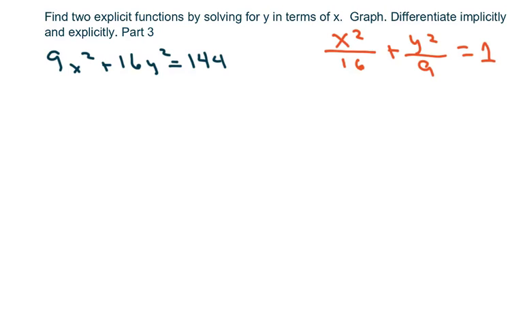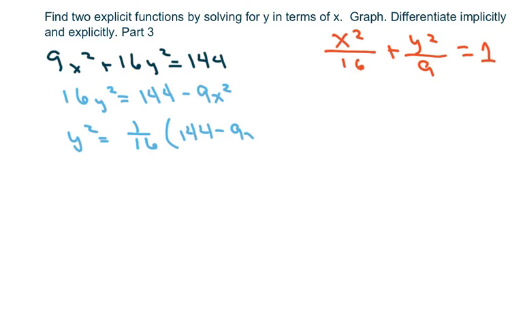But in solving for y in terms of x, we're merely going to write this as 16y squared equals 144 minus 9x squared. Then we're going to multiply both sides by 1 over 16. In this case, I can factor out 9.